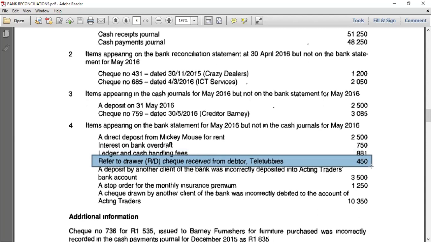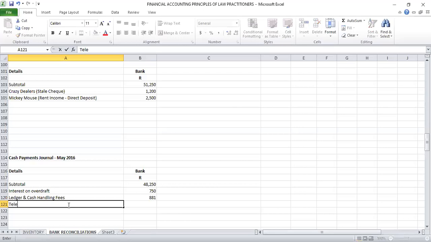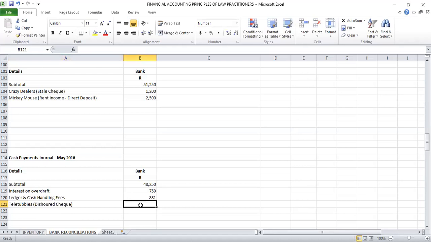So any rejected receipts, they go in the payments. All right. So they have $450.